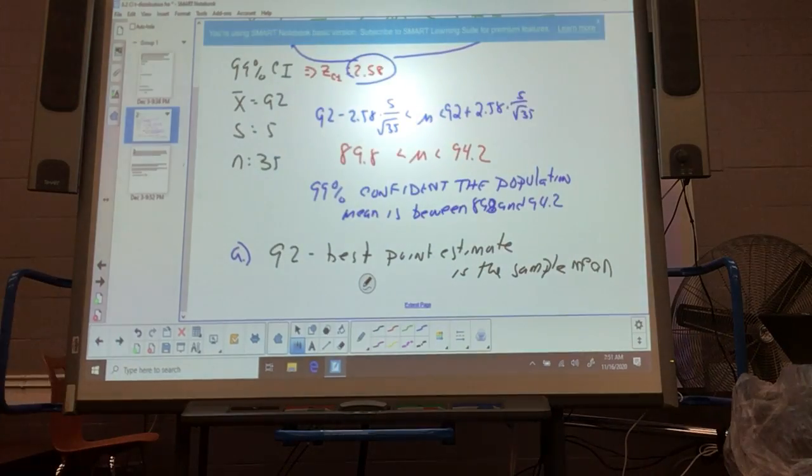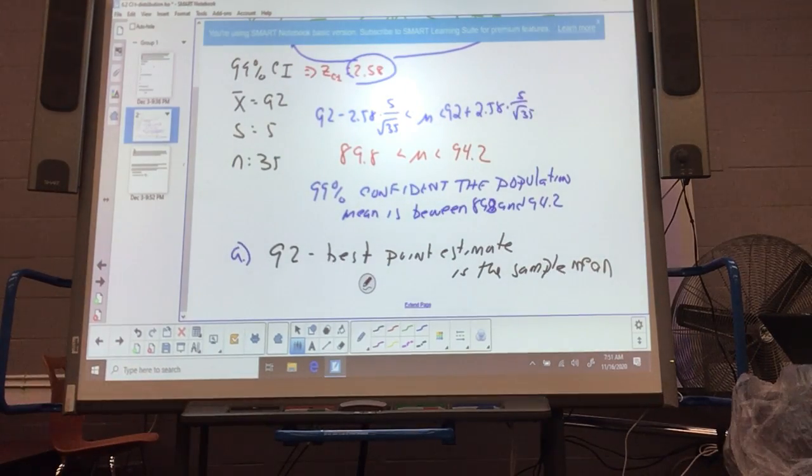The best point estimate is the sample mean. So whatever your sample mean is, that's your best point estimate. 92.